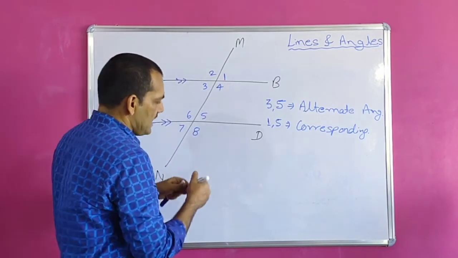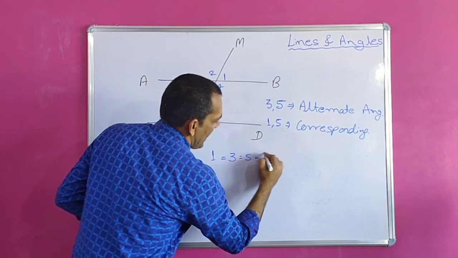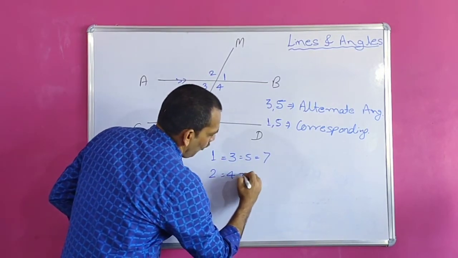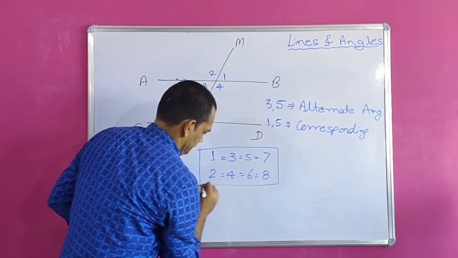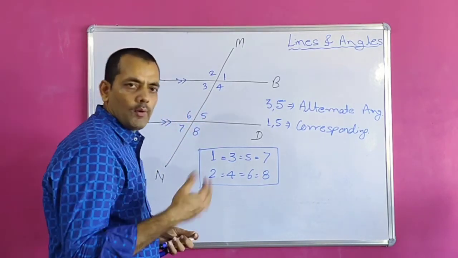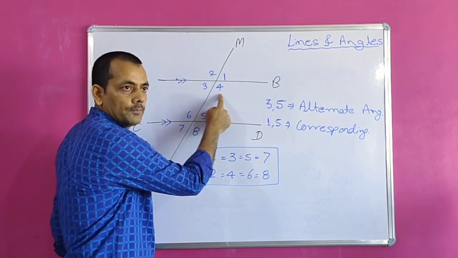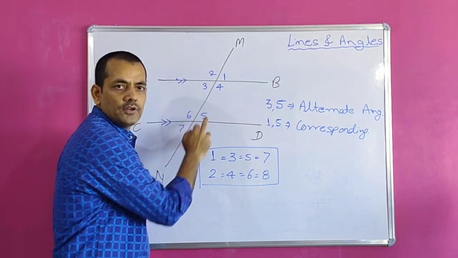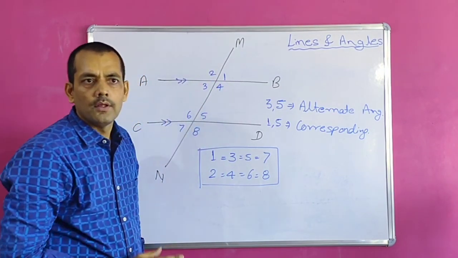Out of these 8, 1, 3, 5 and 7 are equal and 2, 4, 6 and 8 are equal. Once again, opposite angles: 1, 3 and 2, 4. Alternate angles: 4, 6 and 3, 5. Corresponding angles: 1, 5 and 2, 6.